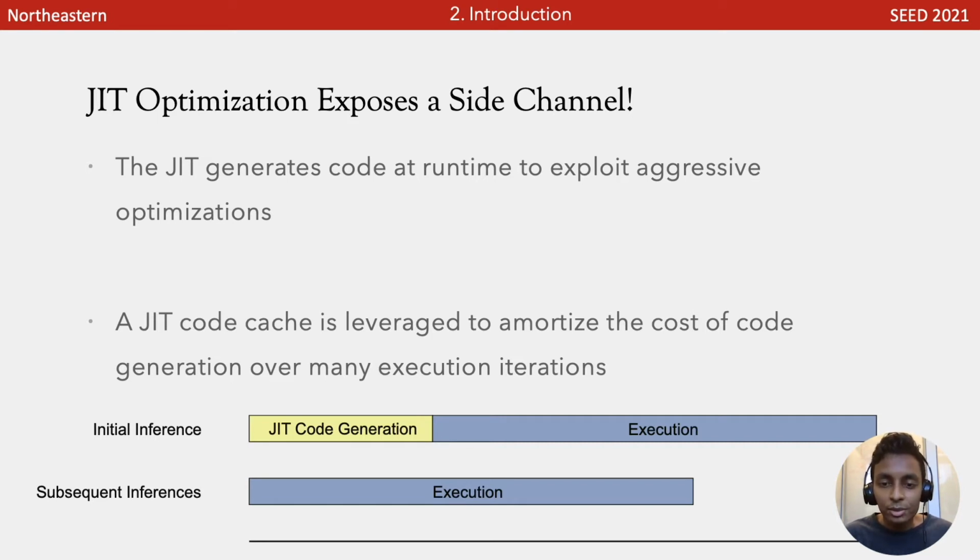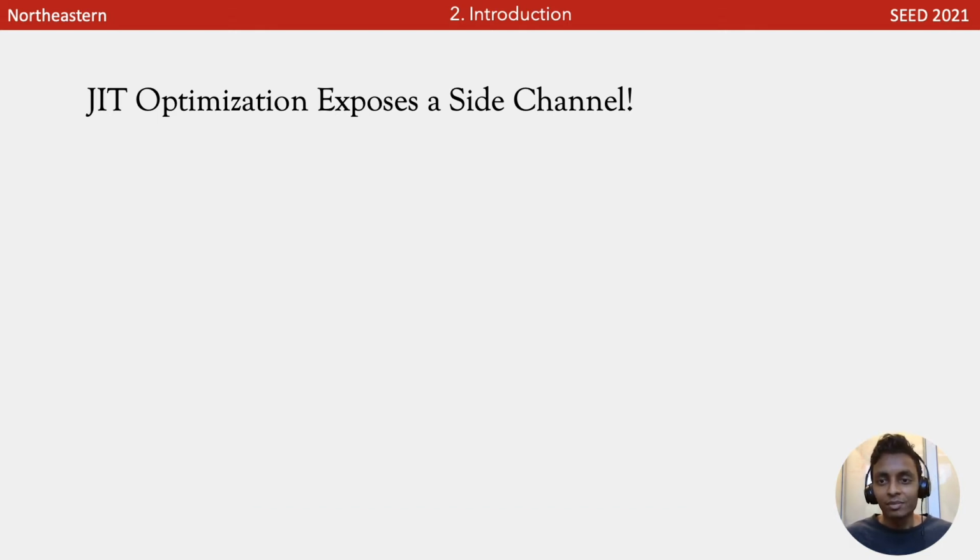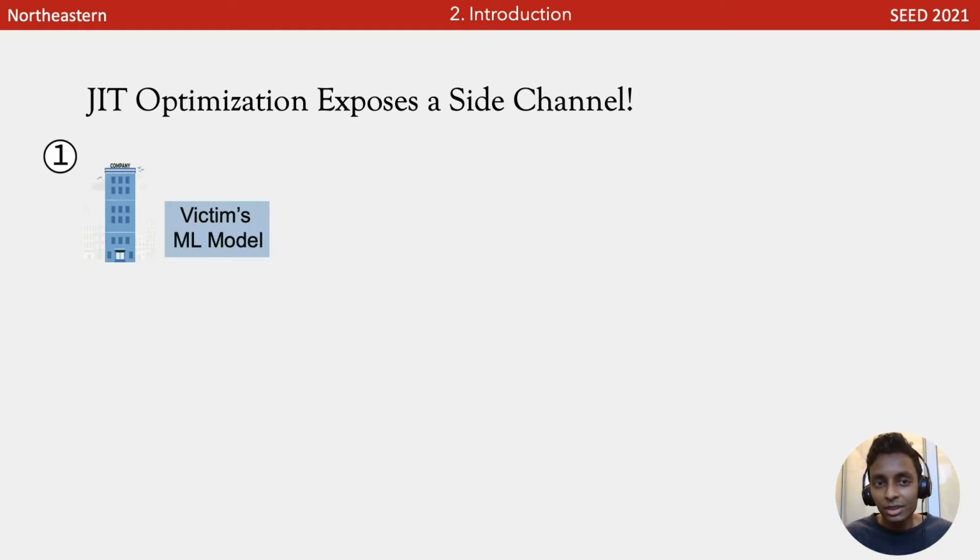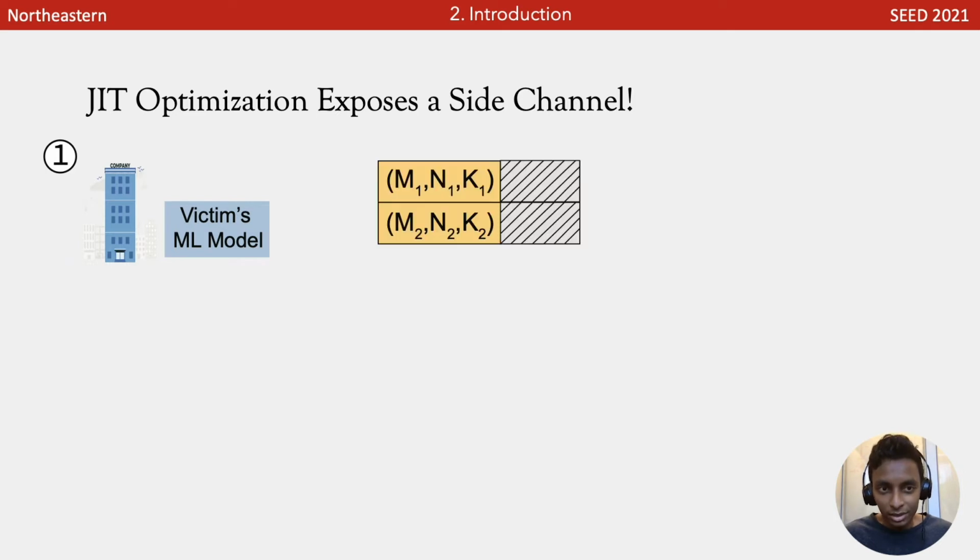So next we'll see how this timing difference can be exploited by a potential adversary. For now, let's assume that the machine learning framework is shared. The victim first executes the model, so then this would check for the availability of the instruction sequence corresponding to matrix dimensions.